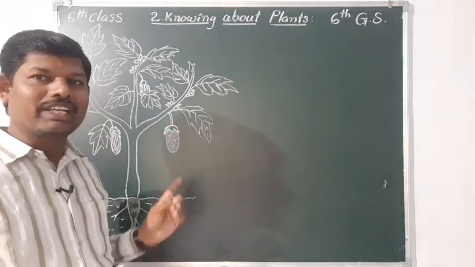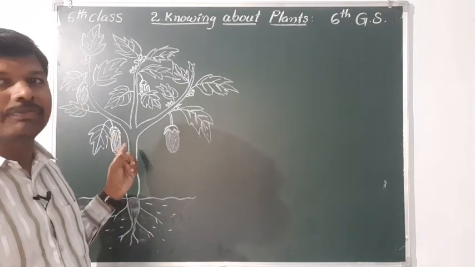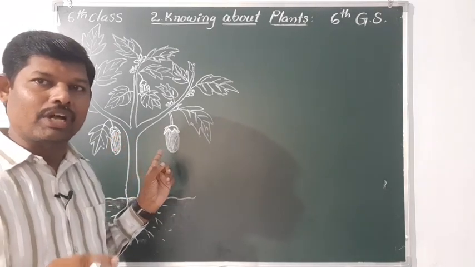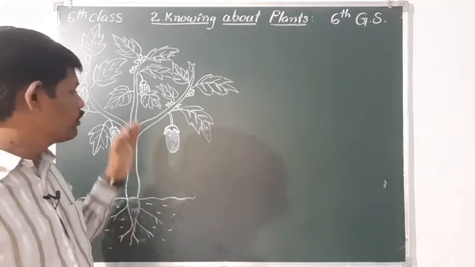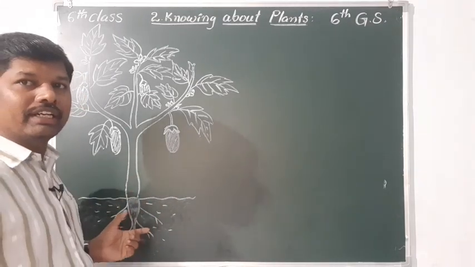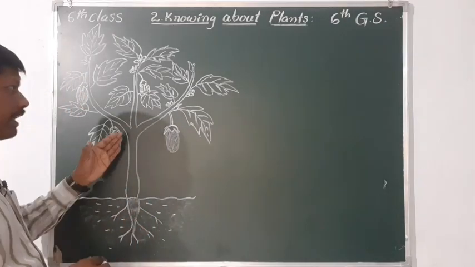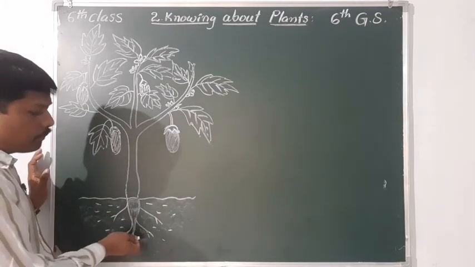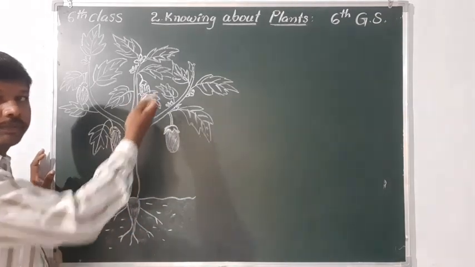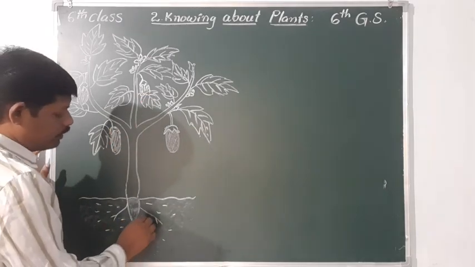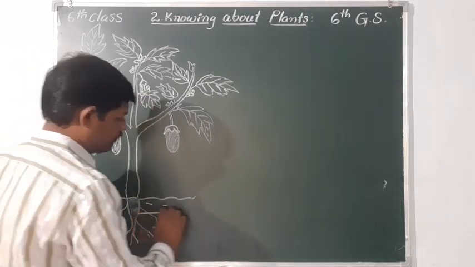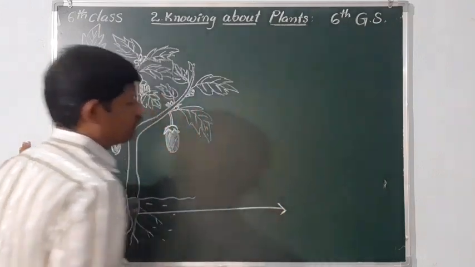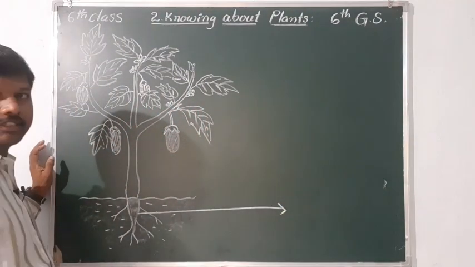So now let us observe the diagram and identify parts of the plant. Clearly observe the figure and name the different parts of the plant. First one, from the bottom onwards we will go up. So what is this? Try to guess the names.